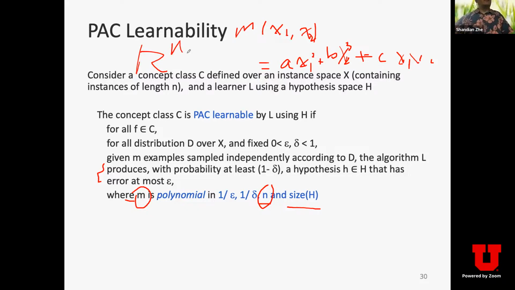And if you have some range of values for each feature, for example if you just use binary features, then your instance space will be {-1, 1} to the power of n. It's up to how you choose your feature vector representation.